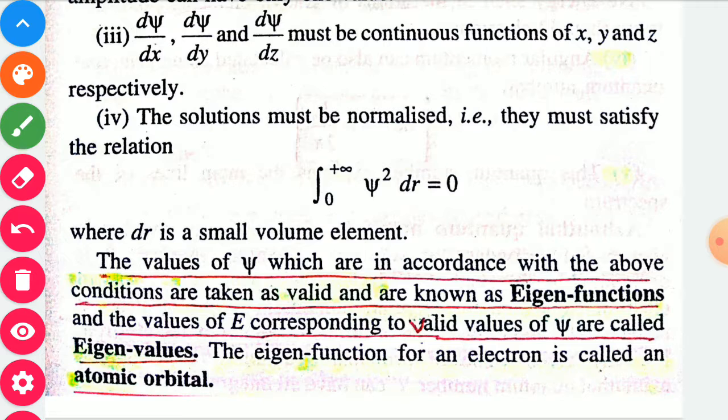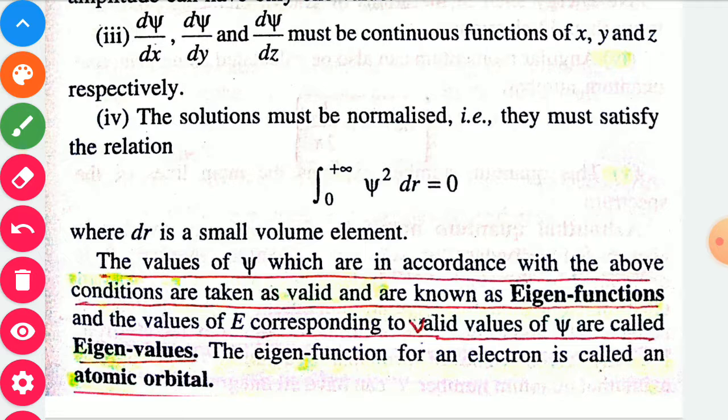Means the valid value of psi is known as eigenfunction, and the value of E according to the valid value of psi is called eigenvalue. The eigenfunction for an electron is called atomic orbital.